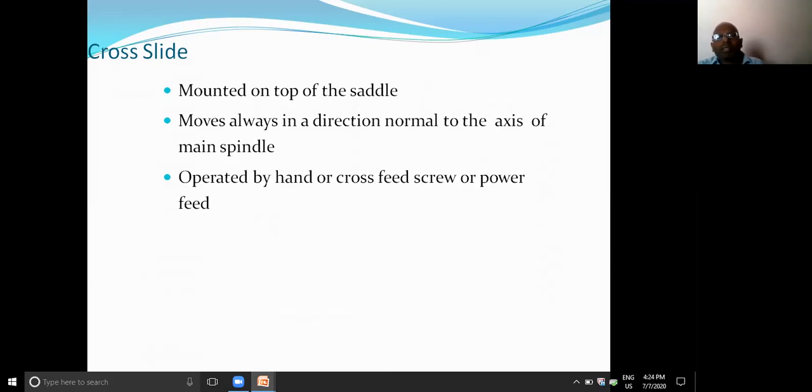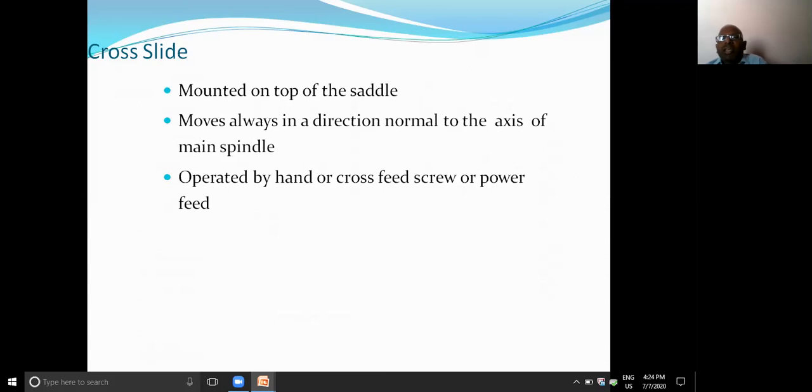This cross slide is operated by hand, cross feed screw or power feed. If your job is a simple, smaller one, then the cross slide is moved by using a hand wheel system, which is placed above the saddle.